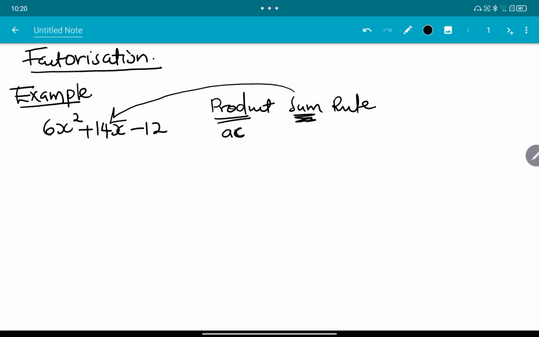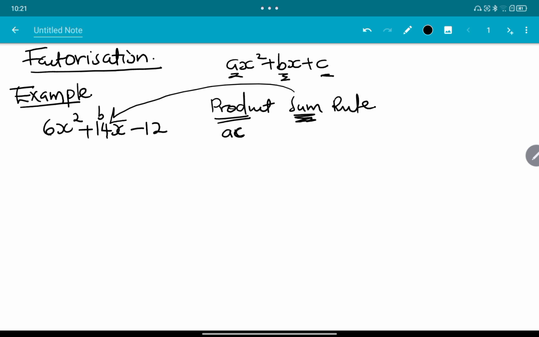When we sum the factors of the numbers of AC, it will give us the middle number, or B. This one is usually known as B because a quadratic expression is ax squared plus bx plus c. So the factors of AC should give me a sum of B.